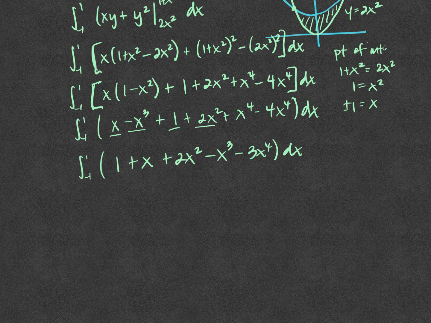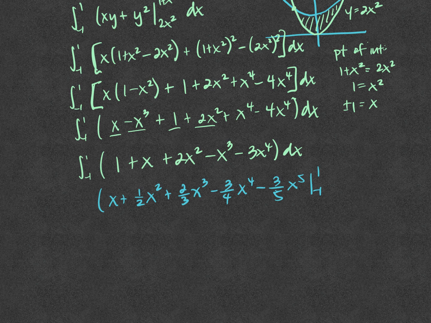All right, let's integrate this mess. I'm going to switch colors because now we're integrating with respect to x. So we get x plus 1/2 x squared plus 2/3 x to the 3rd minus 3/4 x to the 4th minus 3/5 x to the 5th, from -1 to 1.